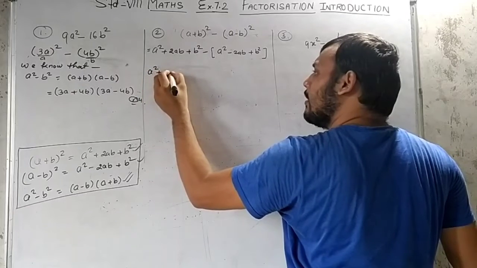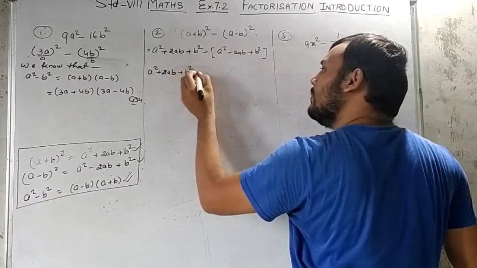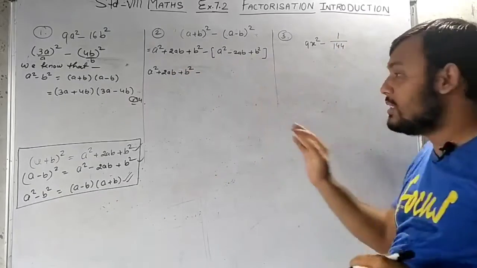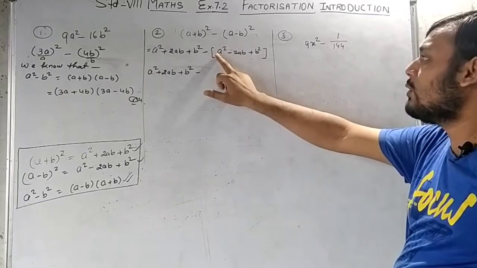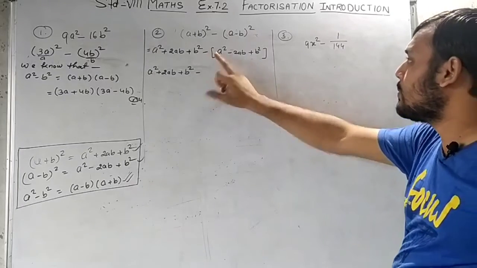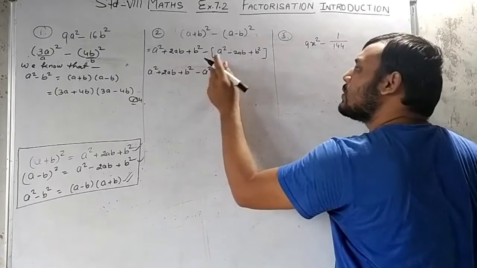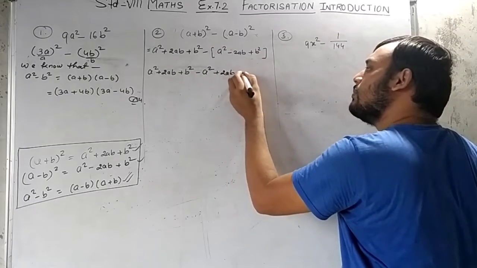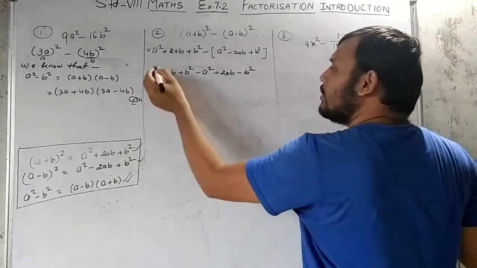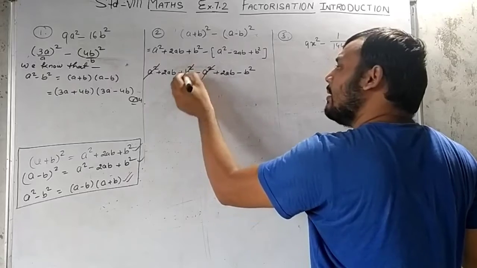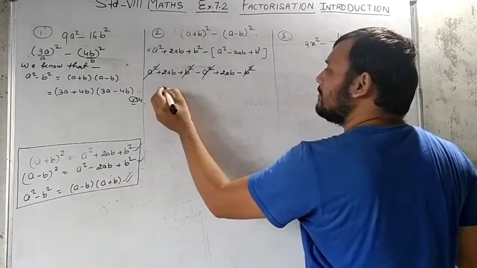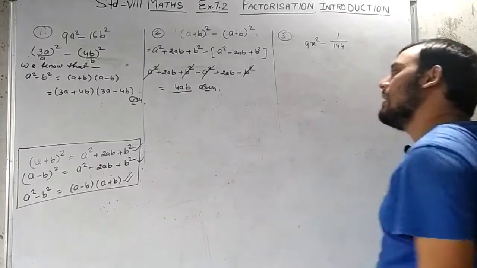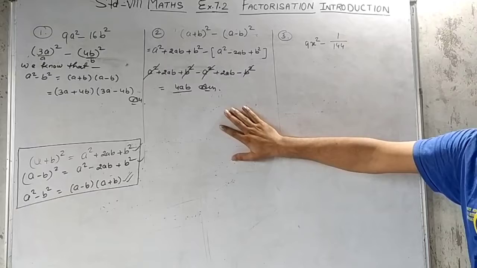When we multiply by this minus, where there is no sign, it means plus. So minus a square, minus minus becomes plus 2ab, and minus plus becomes minus b square. So a square minus a square cancels, b square minus b square cancels. Finally we got the answer 4ab. So this is our answer for question number 2.